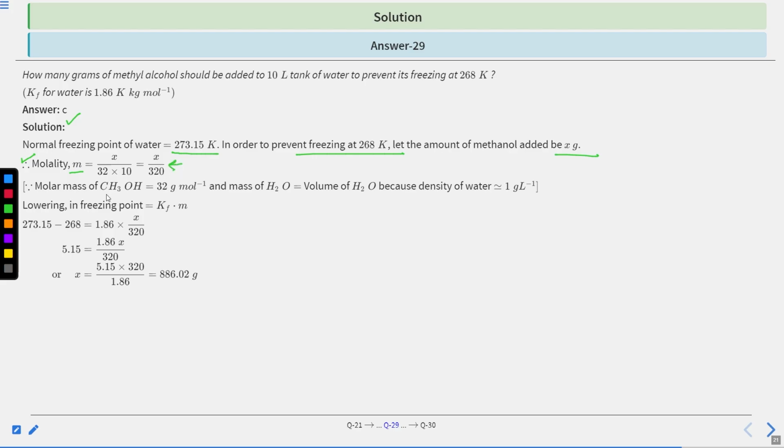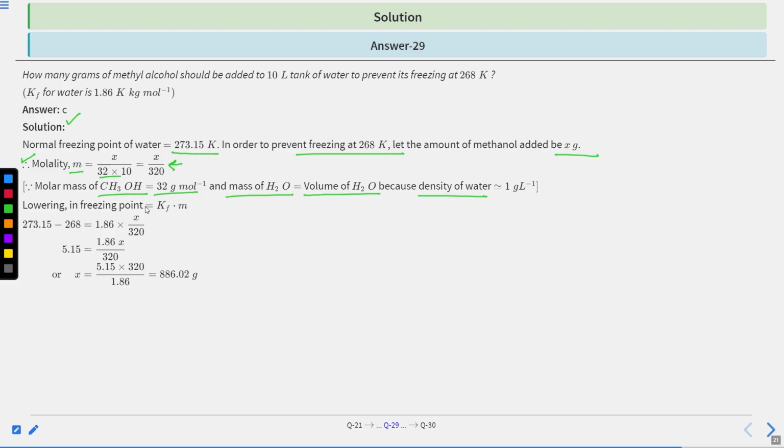The reason is, since the molar mass of CH3OH is 32 gram per mole, that's why we took 32 here. And the mass of H2O will become equal to the volume of H2O because the density of water is 1 gram per milliliter, right? So the mass will become equal to the volume. We know the density will be 1. So that's why we have taken the volume in place of mass, and the molality is coming out as X upon 320.